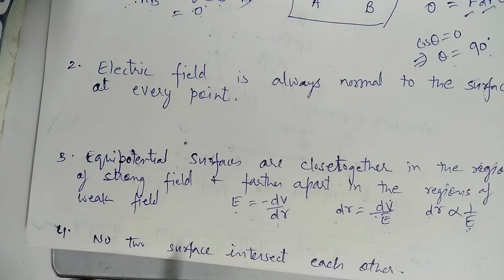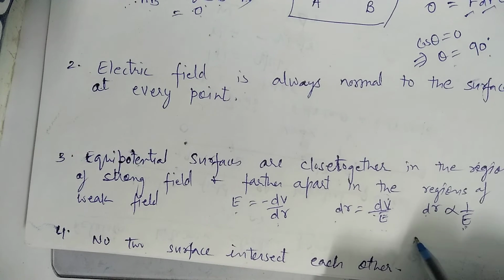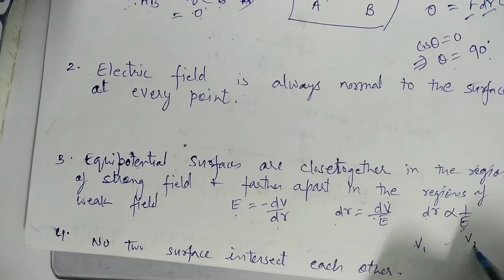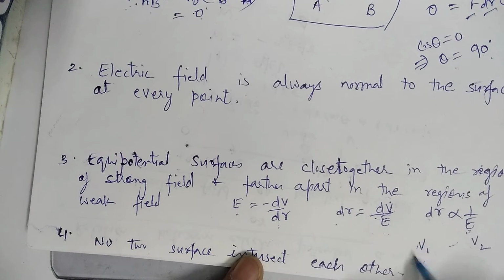The next property is that no two surfaces intersect each other. If two equipotential surfaces intersect each other, then at the point of intersection there will be two values of the potential at the same point, which is not possible. Suppose we have one surface whose potential is V1, and another surface whose potential is V2, each itself equipotential.